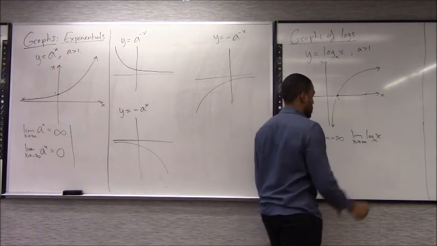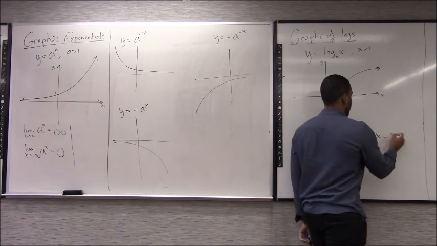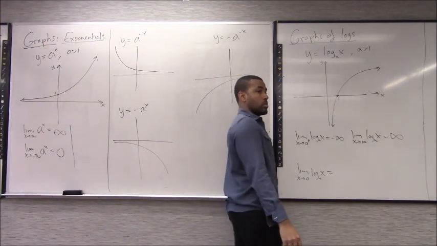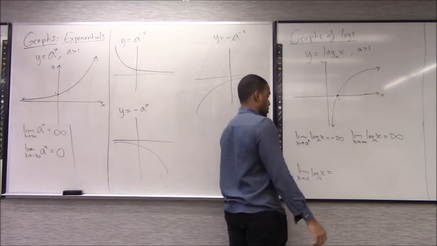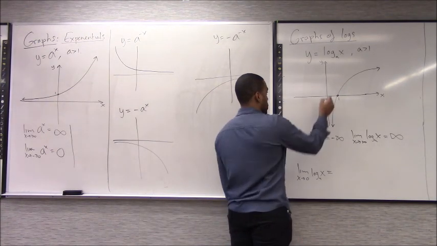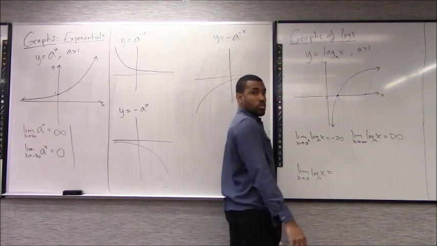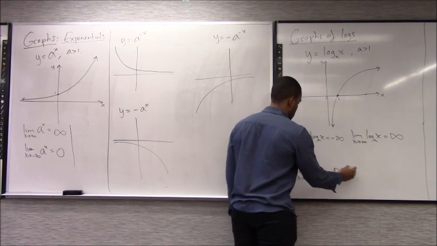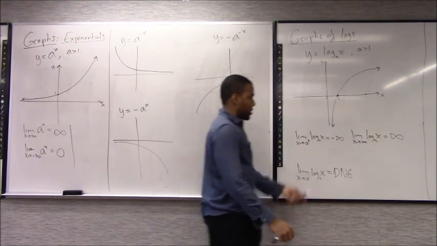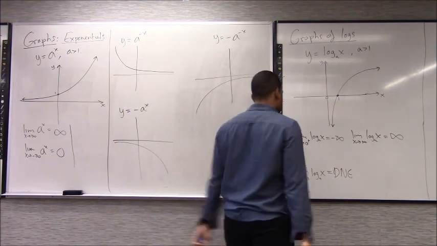As x approaches infinity? Infinity. As x approaches 0? Zero's right here. Does not exist, because there's no left side. Remember, for a limit to exist, it has to exist from both directions, and they must give you the same answer.